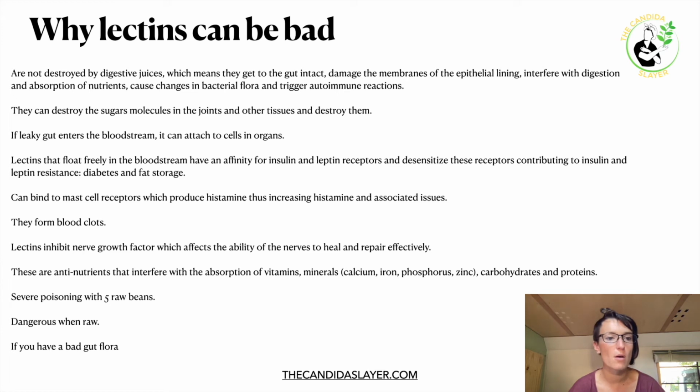Lectins form blood clots. Okay, you can have blood clots if the lectins get into your bloodstream. Lectins inhibit nerve growth factor, which affects the ability of the nerves to heal and repair effectively.